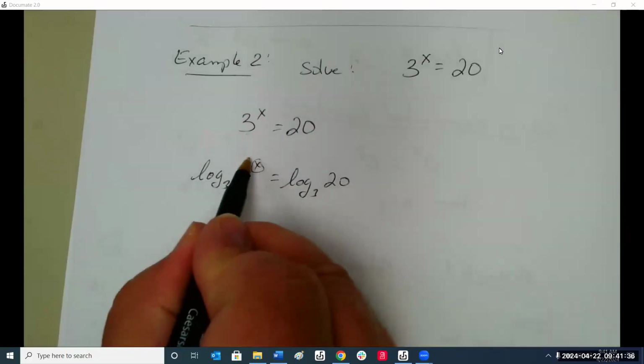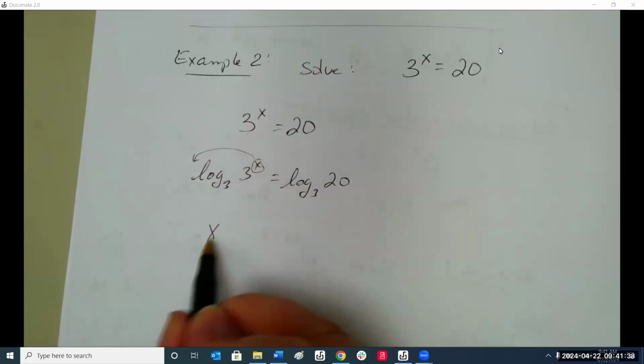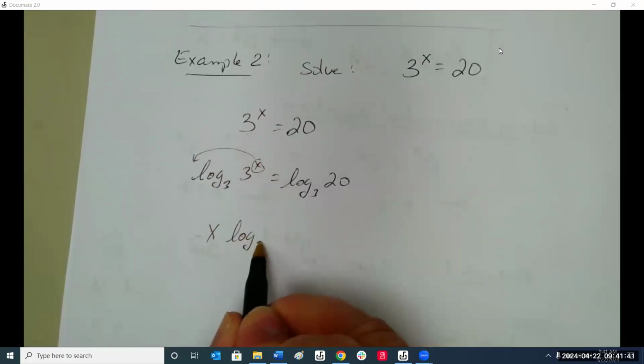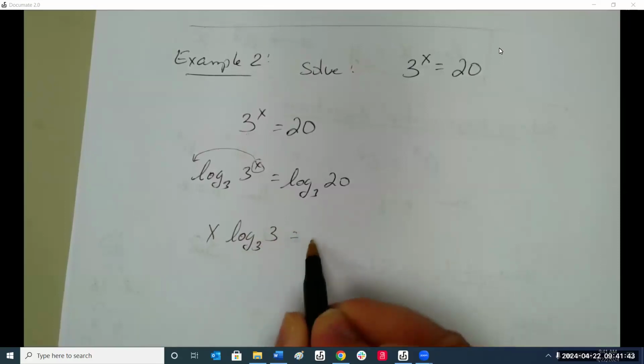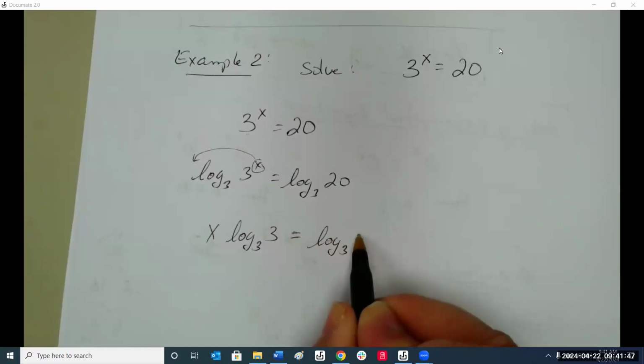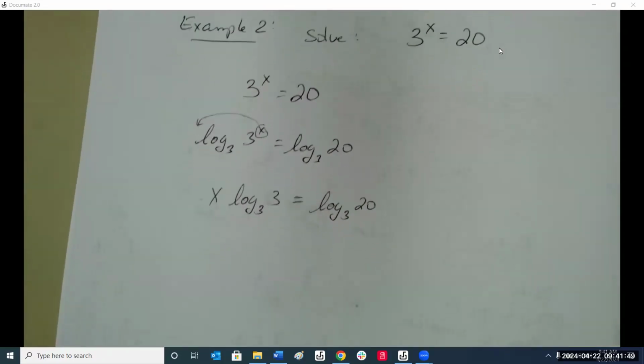Well, exponents go out in front. Log base 3 of 3 times x equals log base 3 of 20.